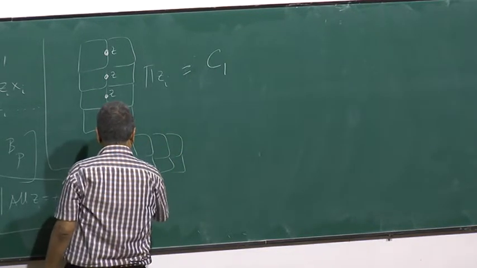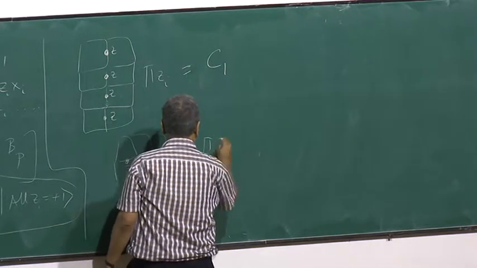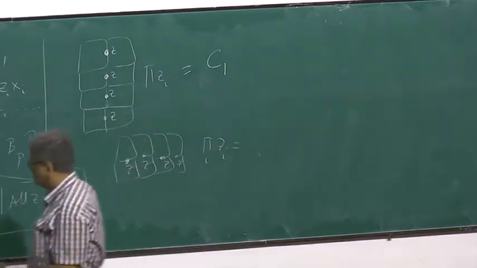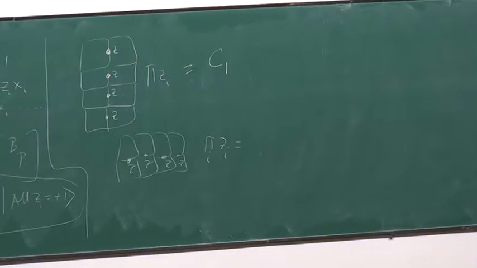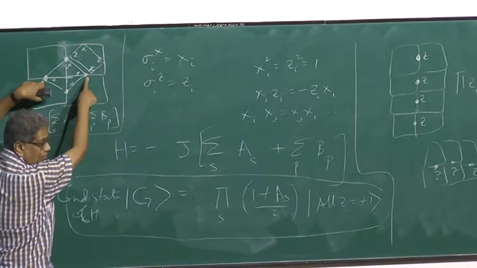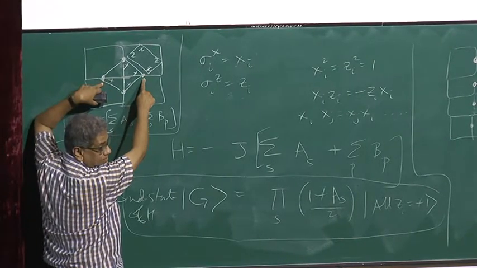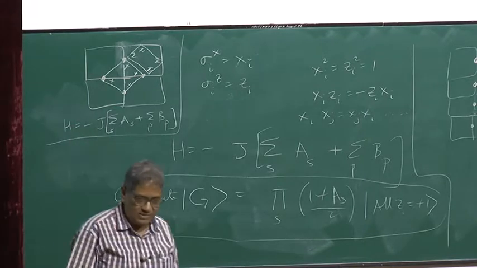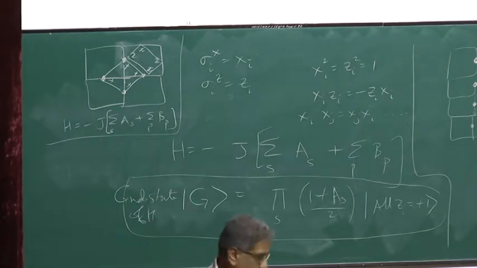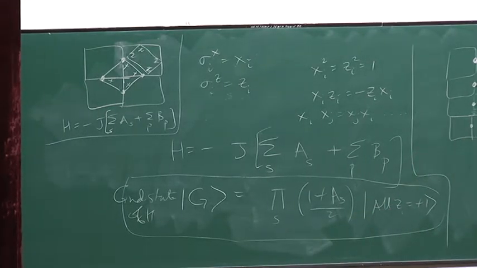So, I take a z here, take a z here, take a z here, take the product of z's that way. This also commutes with the Hamiltonian because for every AS term there is a z here and a z here. Okay, so, product of 2 of those z's will commute with the product of 2 of these x's. Okay, and that is true for every AS that you can think of. So, this also commutes with the Hamiltonian. Let me call it C2.